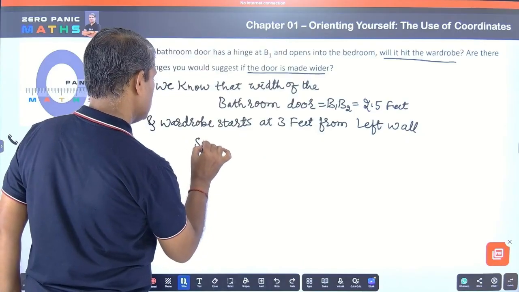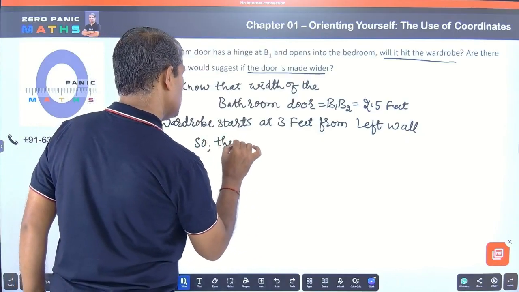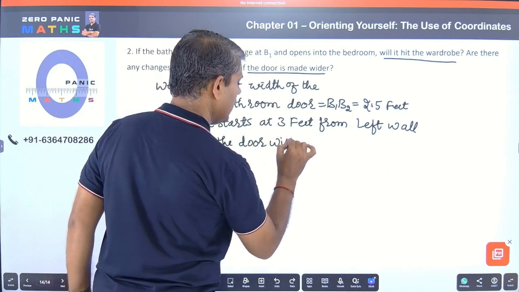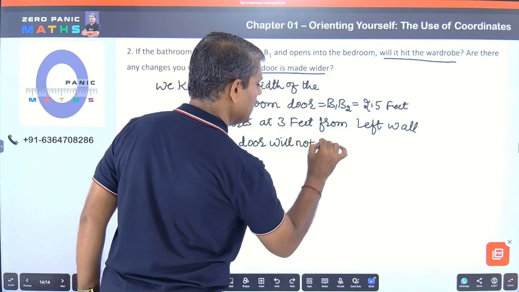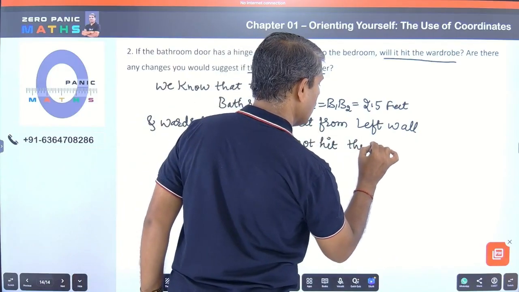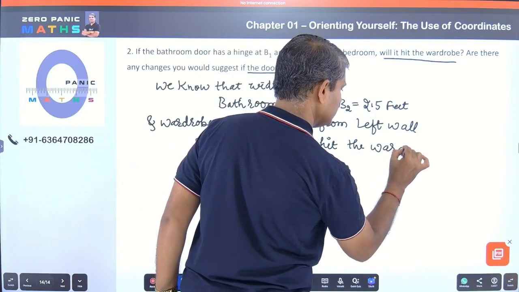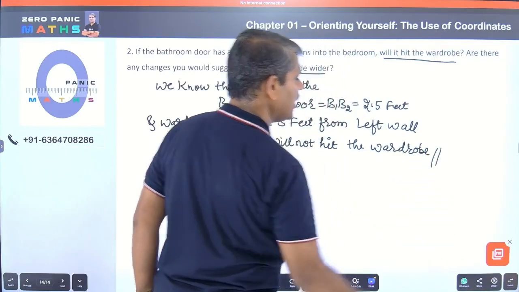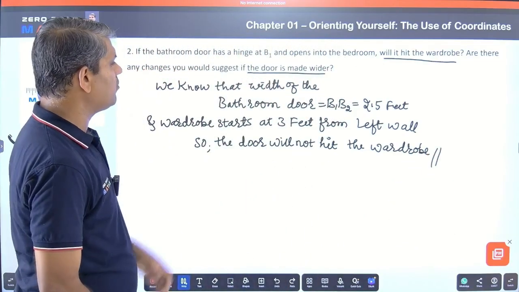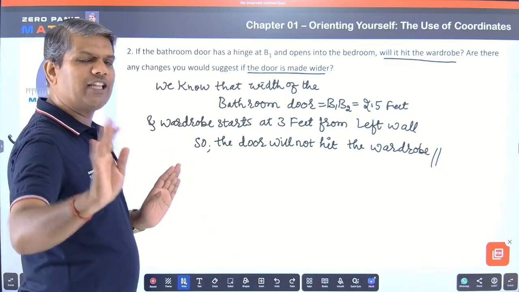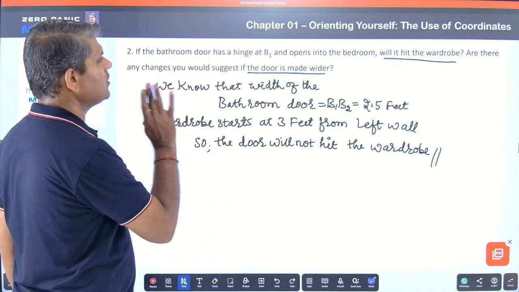So the door will not hit the wardrobe currently. So this is the answer to the first question. Because it is 2.5 width and 3 feet space is already there, it will not hit the wardrobe. That is the first part.